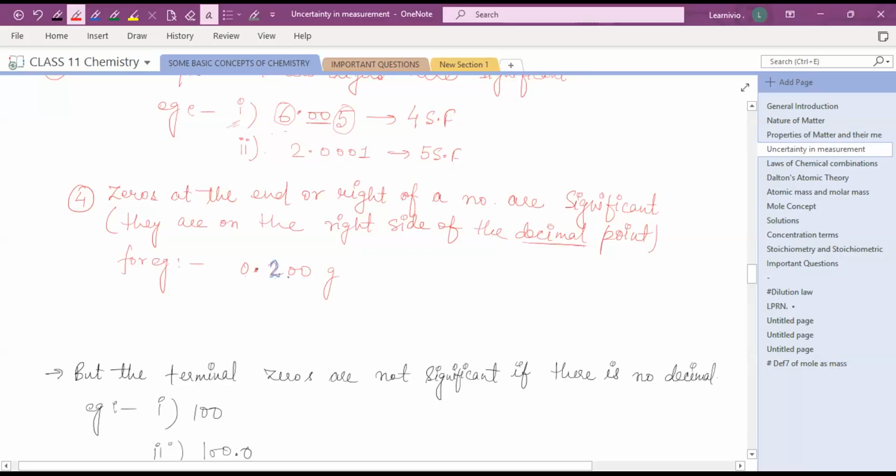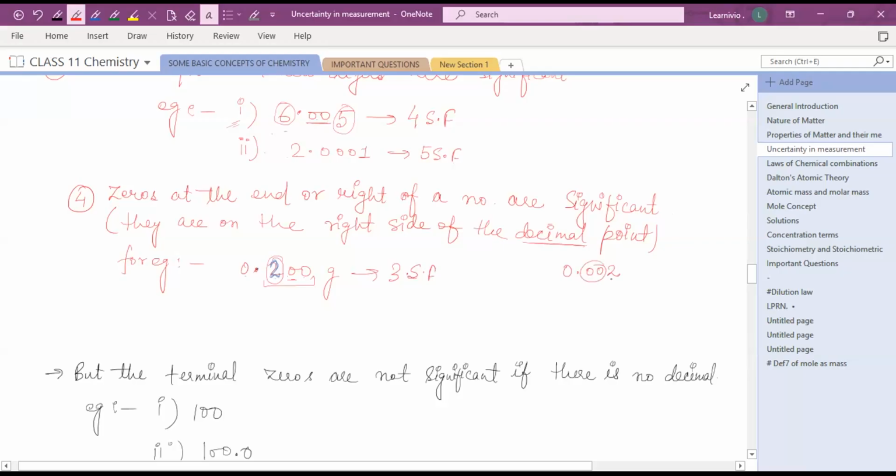These zeros are after this two, so these will count as significant figures, like 0.200. How many significant figures are there? Three significant figures. अगर question में 0.002 होता, these would not be considered significant figures.